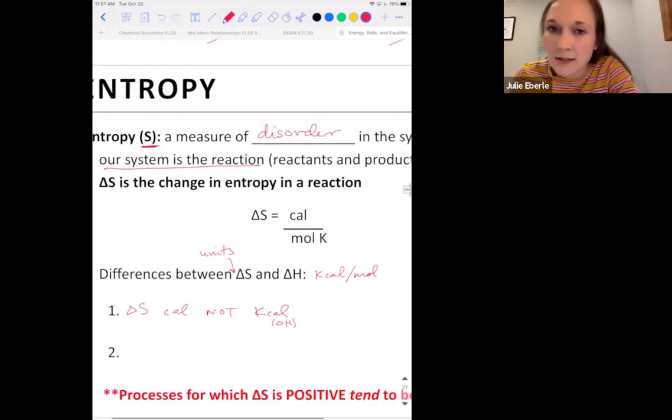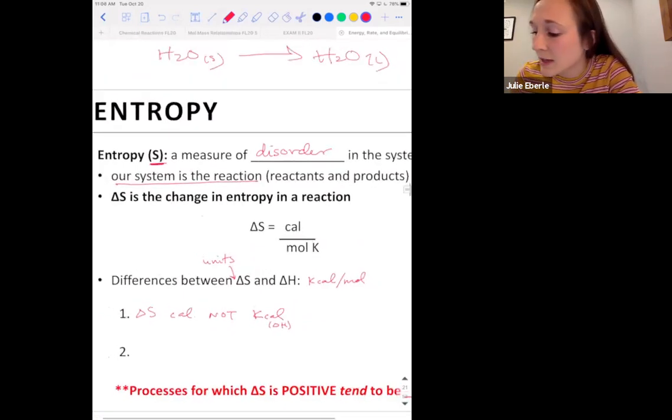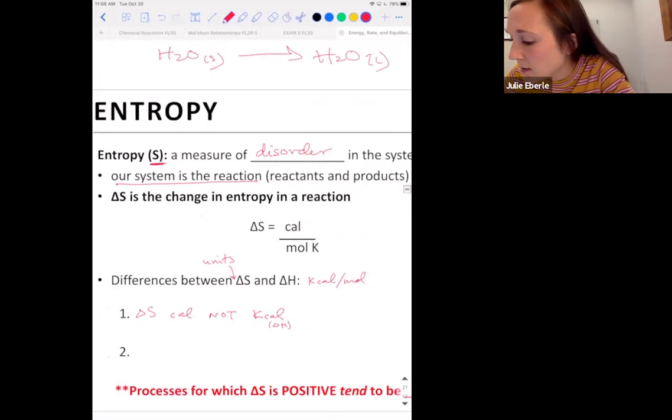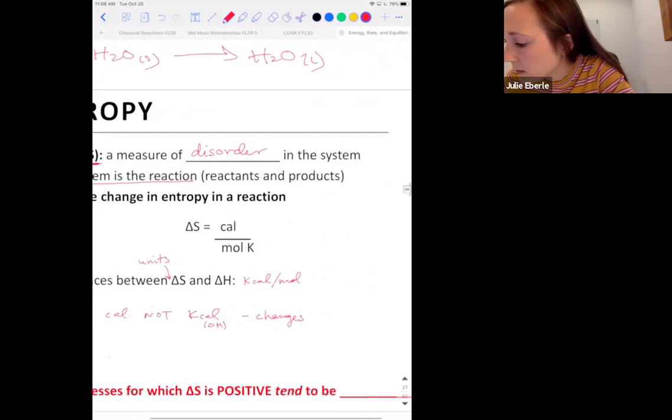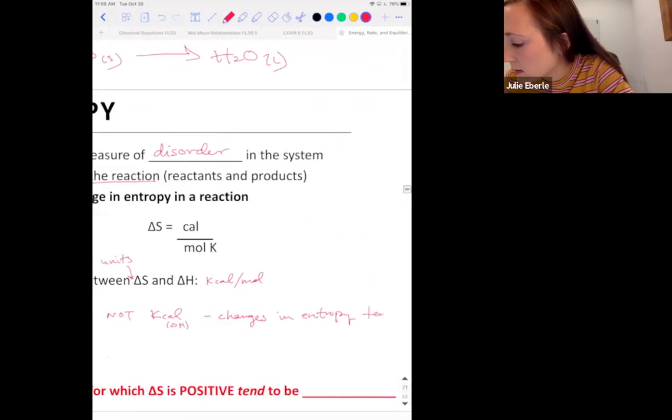Well, the reason calories is the better suited unit for delta S is because changes in entropy tend to be smaller than changes in enthalpy.